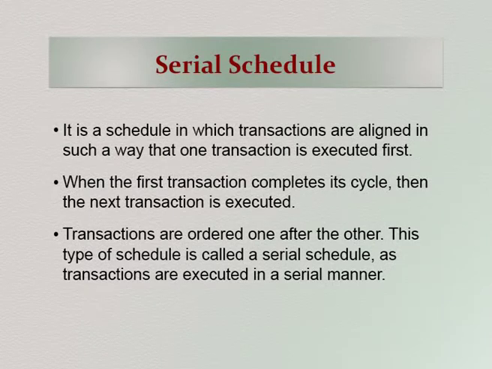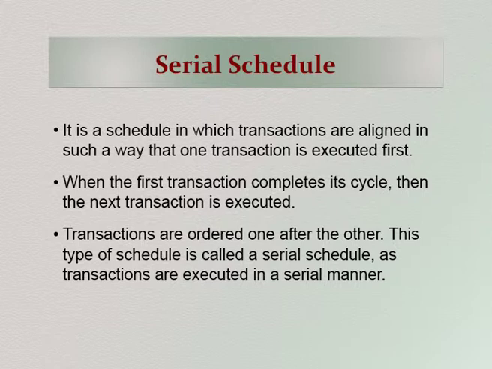Then comes how these schedules can be kept. One way is to place them sequentially. That scheduling mechanism is called a serial schedule. It is a schedule in which transactions are aligned in such a way that one transaction is executed first. It completes the whole cycle, whatever task it is meant to do, and then only the next transaction will be executed.